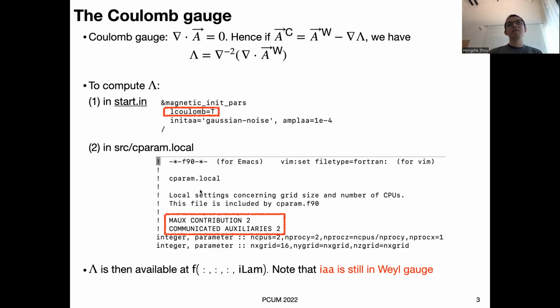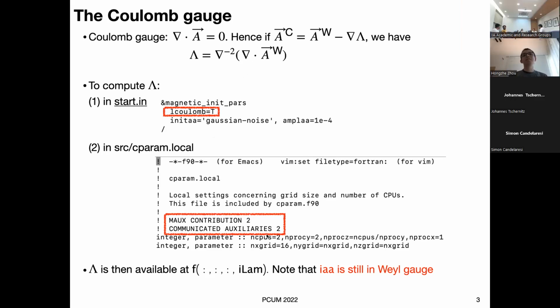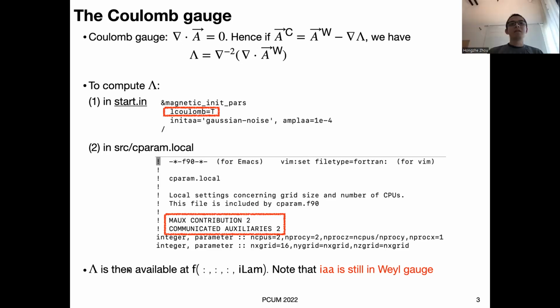So those variables have to be global variables communicated between CPUs. We need two auxiliaries because one is for the divergence of the vector potential in the Weyl gauge, the other one being lambda itself. Then lambda is calculated and stored in the f array at ilam.